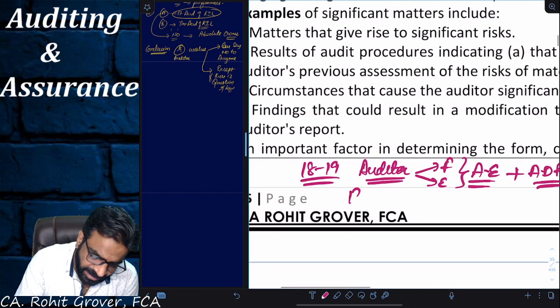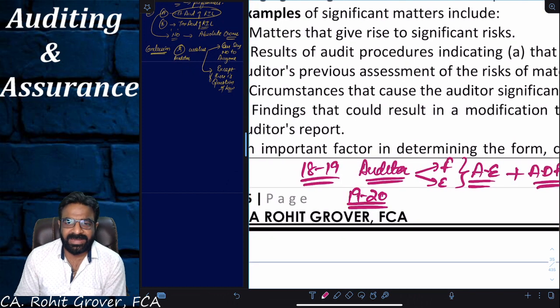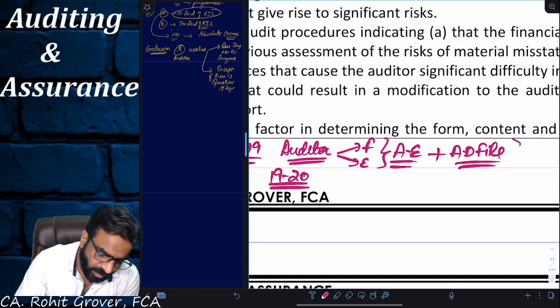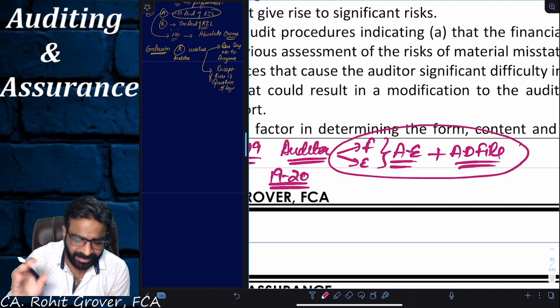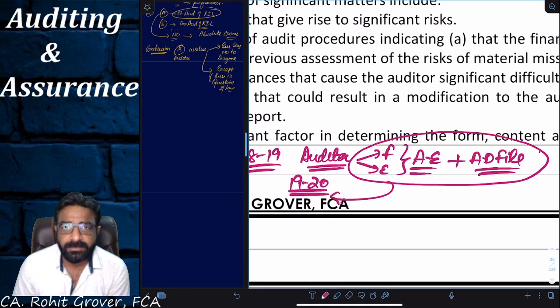Now next year that company has appointed you auditor again in the 1920 financial year. Now tell me whether those frauds, errors, audit evidences, audit file which you have seen or collected last year are going to help you this year or not?